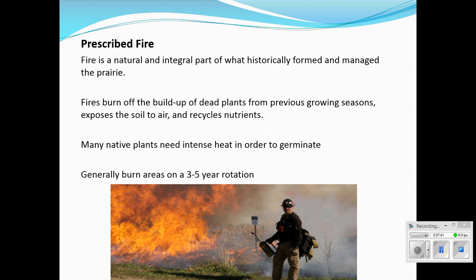That's what sends the signal that, hey, okay, it's okay to germinate now. They need intense heat. And the National Wildlife Service generally burns these areas on a 3 to 5 year rotation. That's what they found works best to keep the ecosystem, the prairie, at its peak performance.